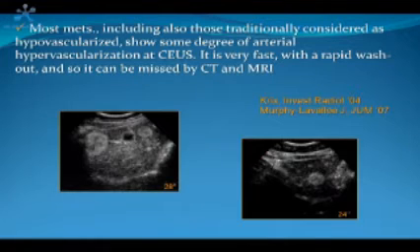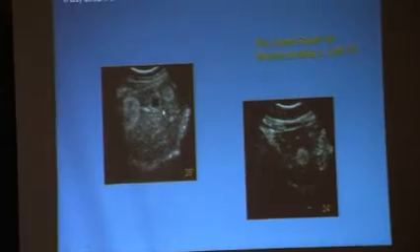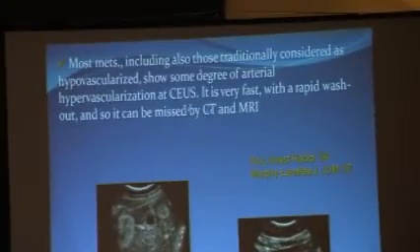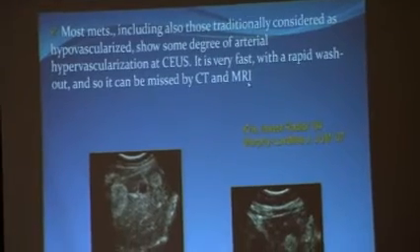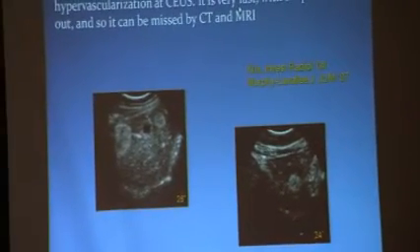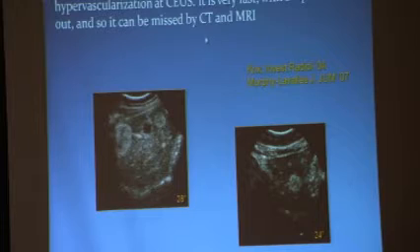In CEUS, really a majority of the metastases do show some degree of enhancement in the arterial phase. This is not seen with CT and MRI, probably because this is a very fast finding, so they enhance very rapidly and they wash out very rapidly, so only the real-time capability of CEUS allows to detect this finding.